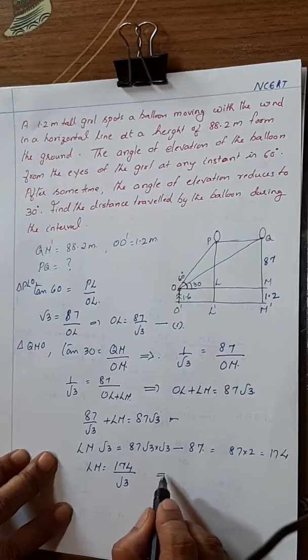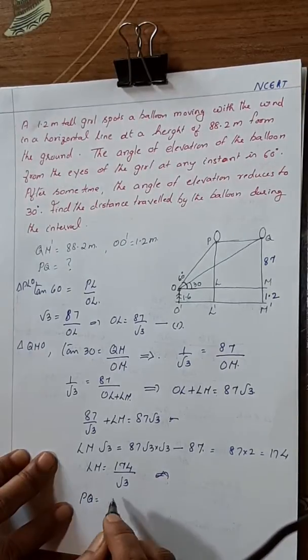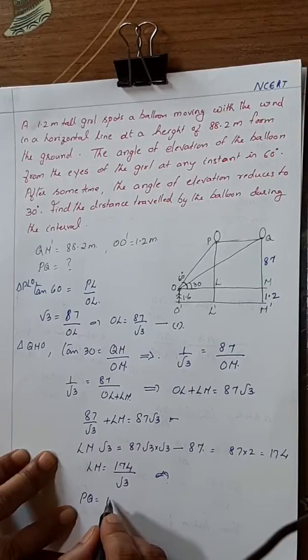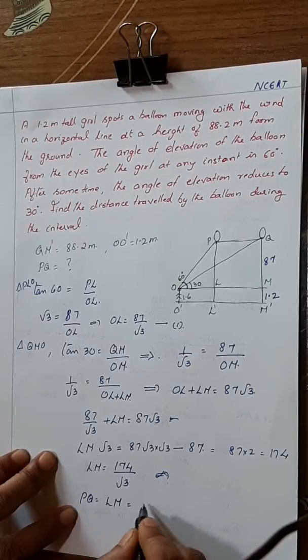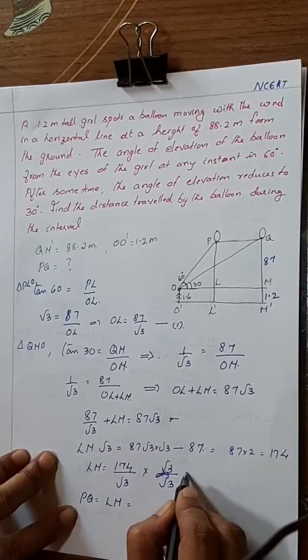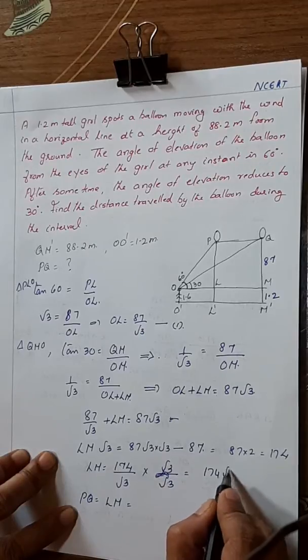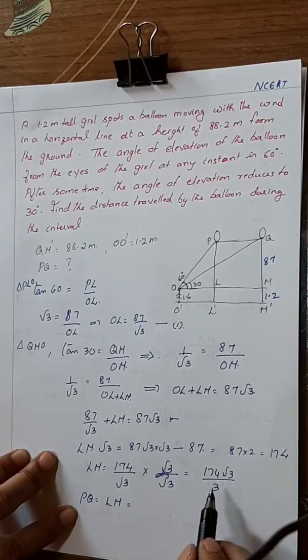So PQ equal to LM, you can rationalize this. So 174 root 3 by 3.